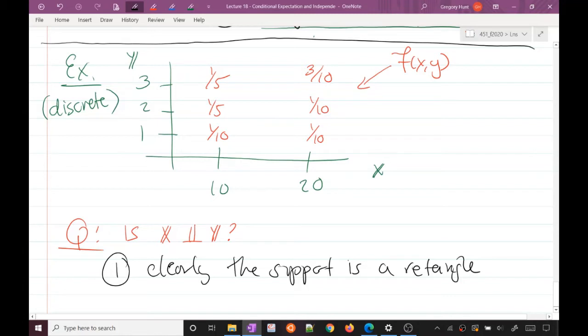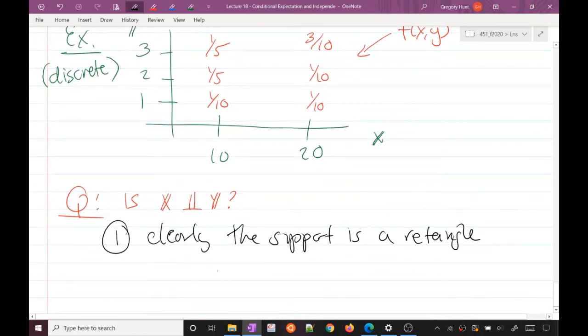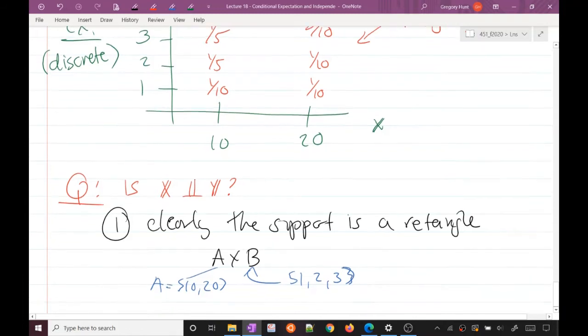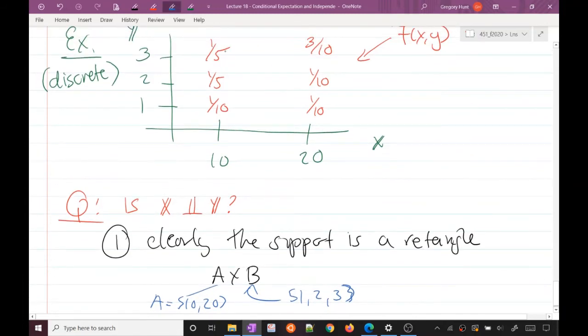It is A Cartesian product B, where in this case A is the set 10, 20, and B here is the set 1, 2, 3. Cartesian product gives us those 6 points.